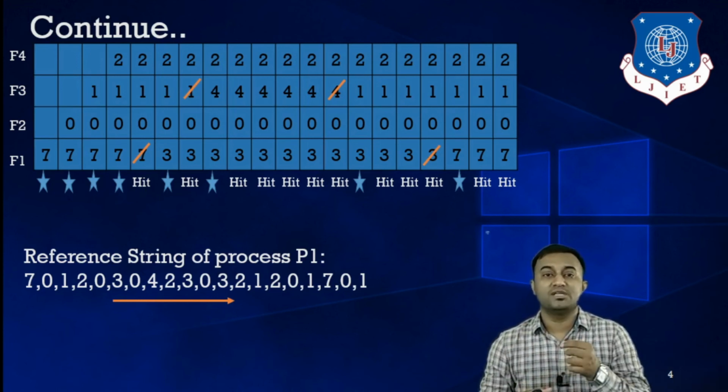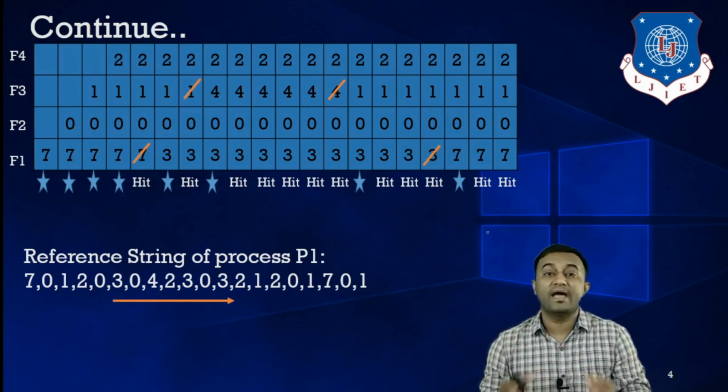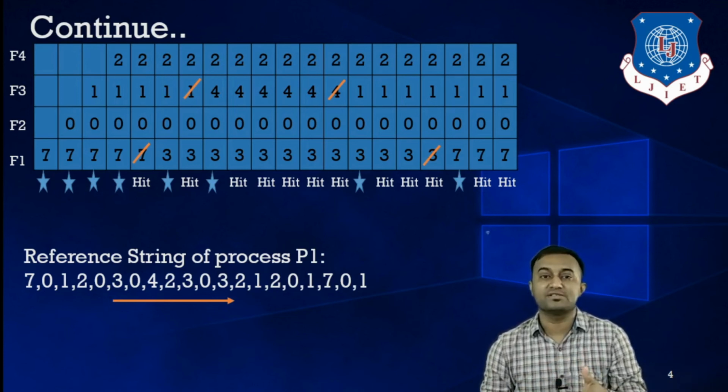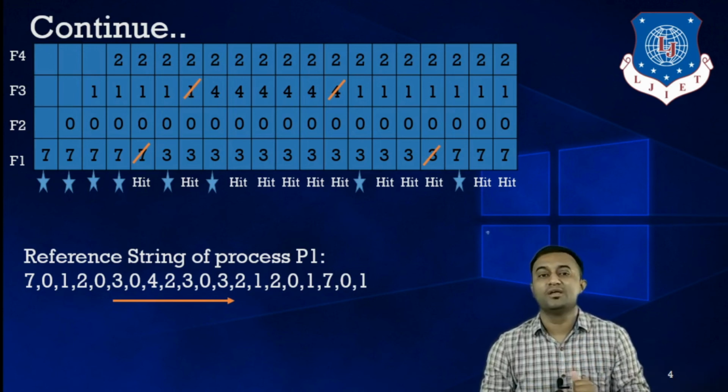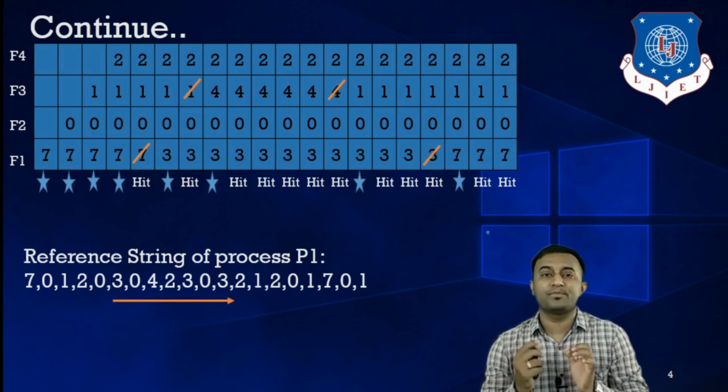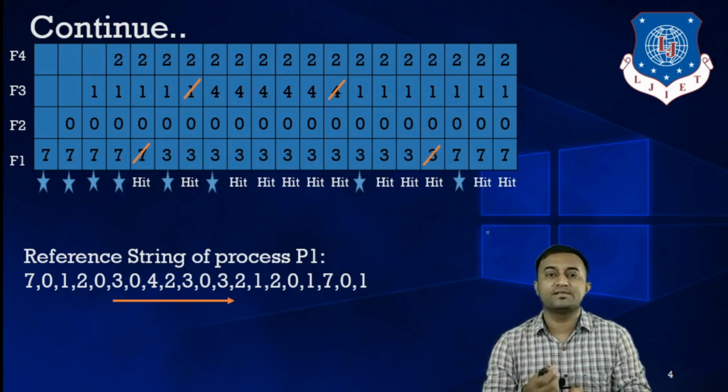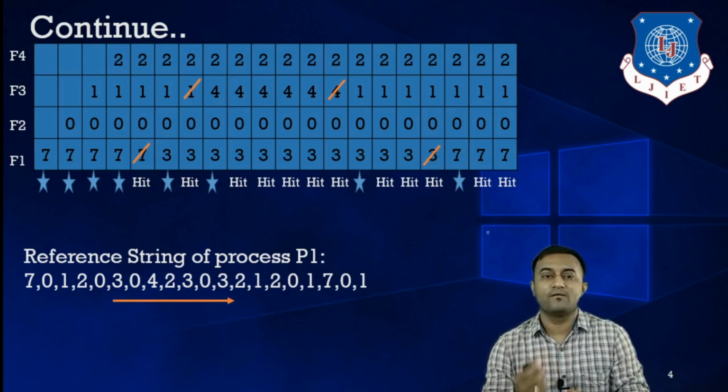Means these page number 3 and page number 4 are not there in the upcoming page numbers. So it means you can replace. In this case, you have two choices. Either you can replace with 4 or you can replace with 3. So I am going to replace with 4. You can choose 3 also. Okay. So 4 is replaced by 1. Then the next one would be considered as page fault.